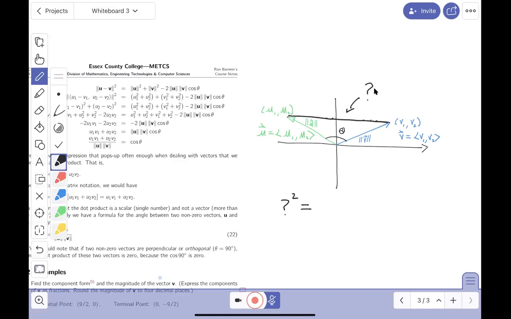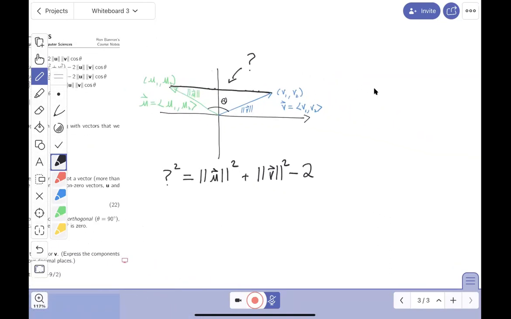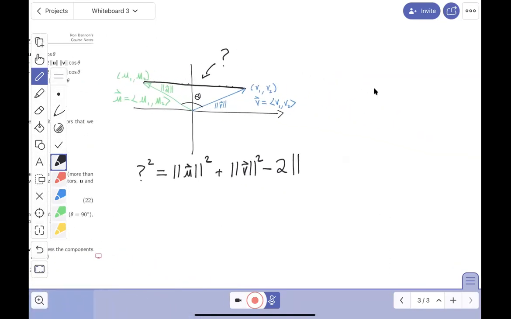Let's write this down. So it's going to be side U squared, plus side V squared, minus 2 times U times V times the cosine of theta. Looks like a nightmare, doesn't it?